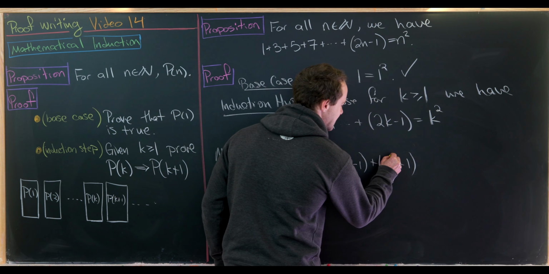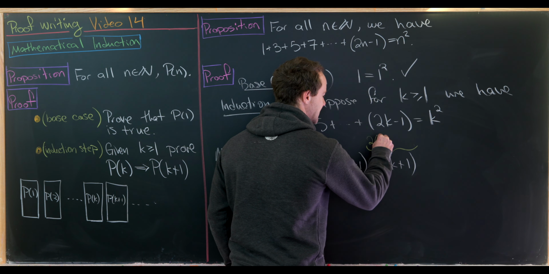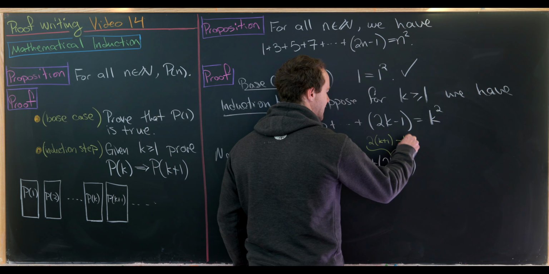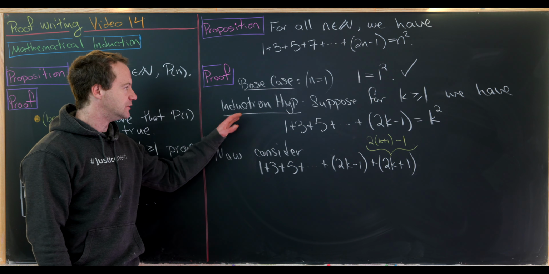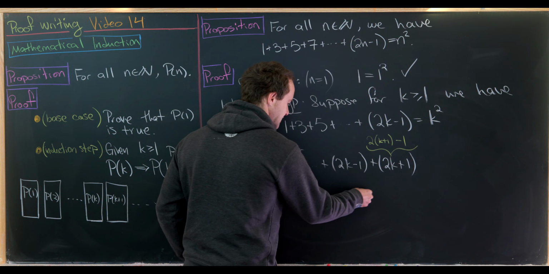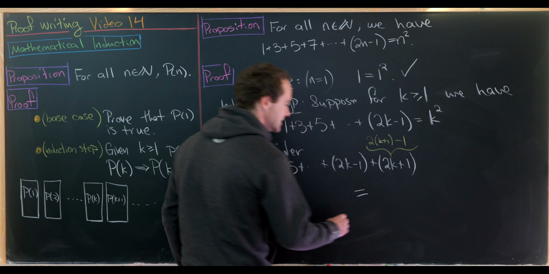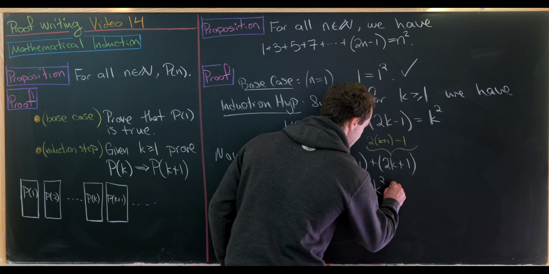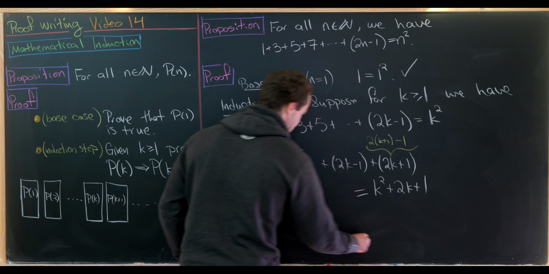And maybe we can notice that by seeing that this is equivalent to 2 times the quantity k plus 1 minus 1. Okay, great. But now we can use our induction hypothesis to take this first bit and rewrite it as k squared. So this is equal to k squared plus 2k plus 1 by the induction hypothesis.